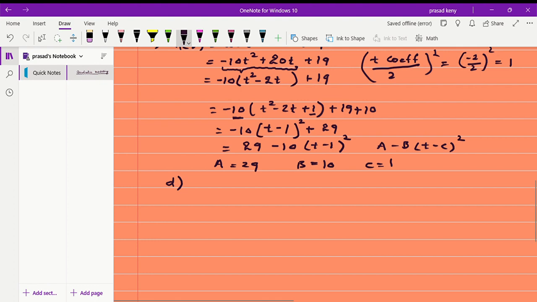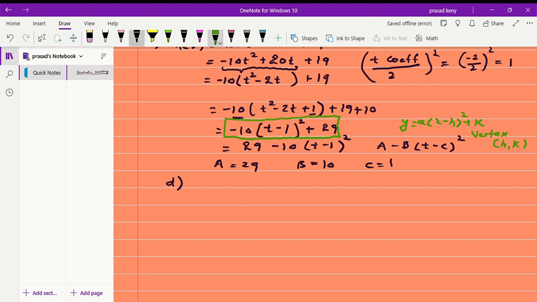reached. Now for that, what you do is take this particular form that you have got here, and you know that if y is in the form a into x minus h the whole square plus k, then the vertex is at h, k.